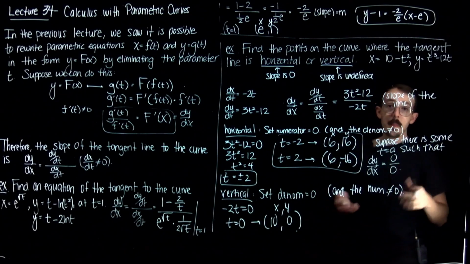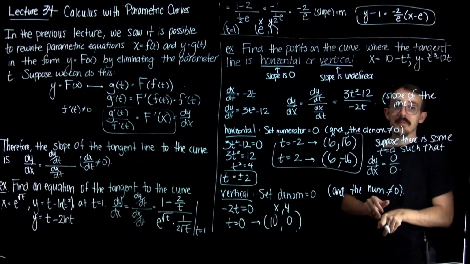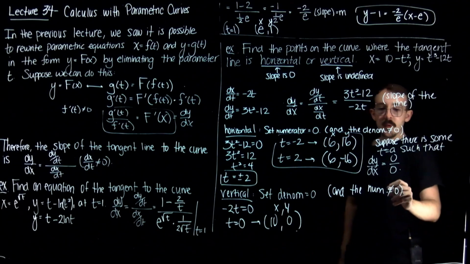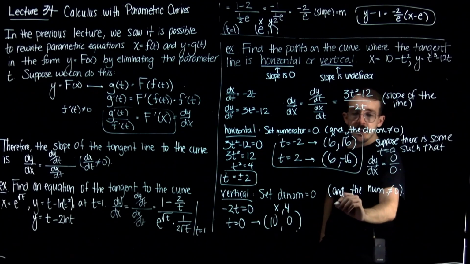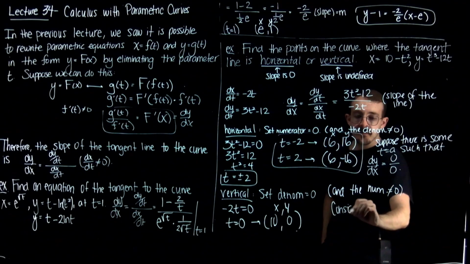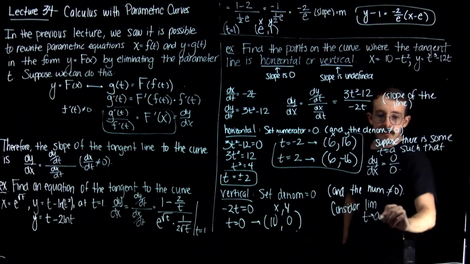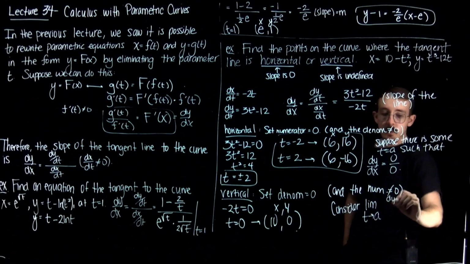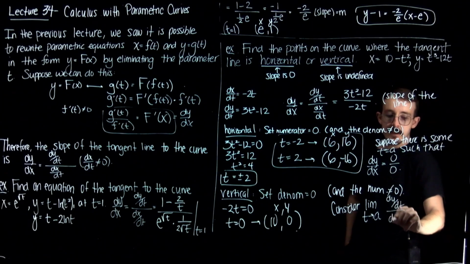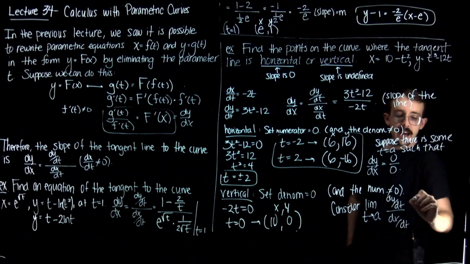So suppose that there was a t value that did that. What would you do? Well, in this case, you would consider the limit as t goes to a of dy/dt over dx/dt. And in this case, it's 0 over 0, right?